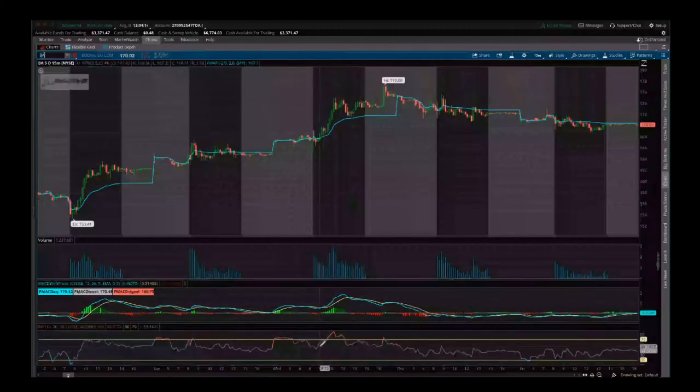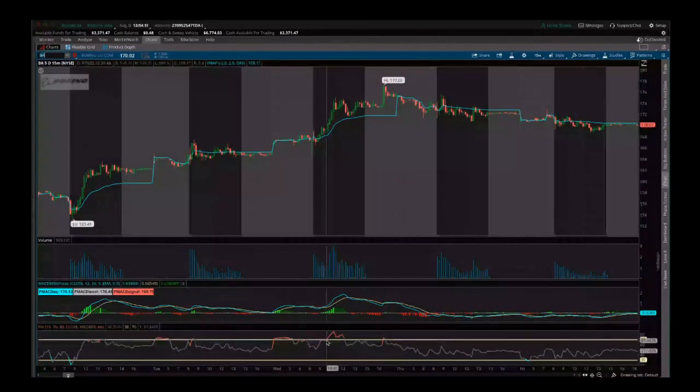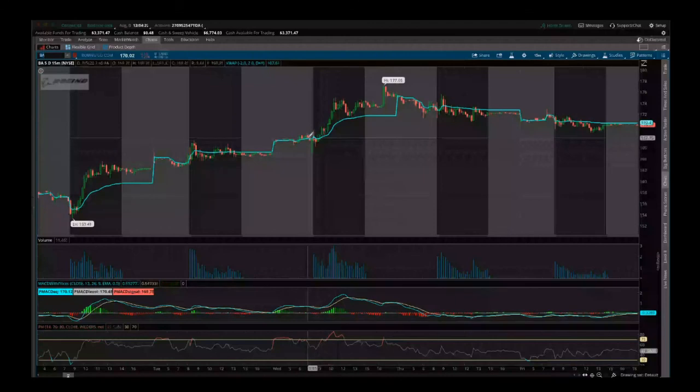I probably would have been a little sketched out with this double top on the RSI, but I probably would have gone in for it anyway because it's just going to break some fundamentals and then come back down, right? It looks like for a couple hours it was above 90 RSI. So that's how I know to enter: the MACD, the VWAP, and the RSI all working together. I look at them all.